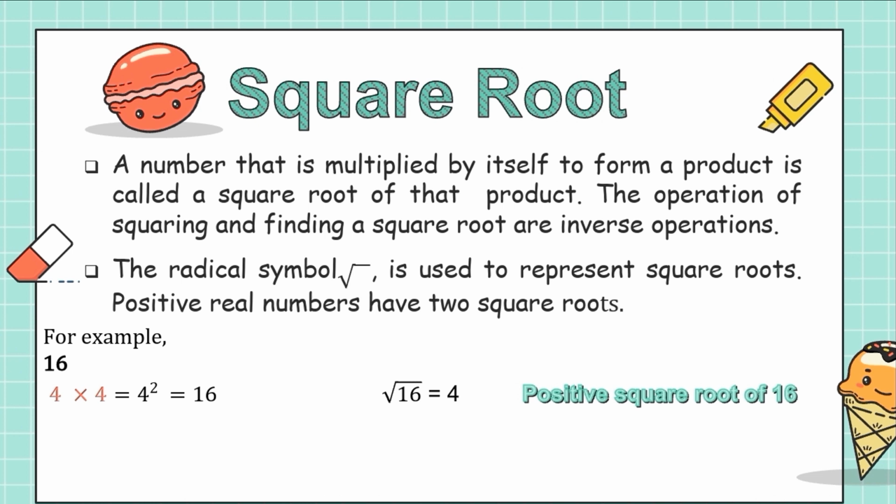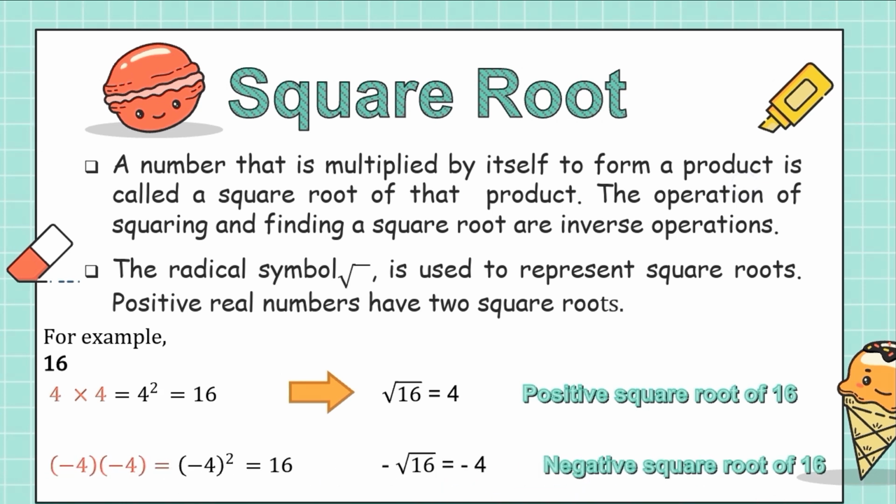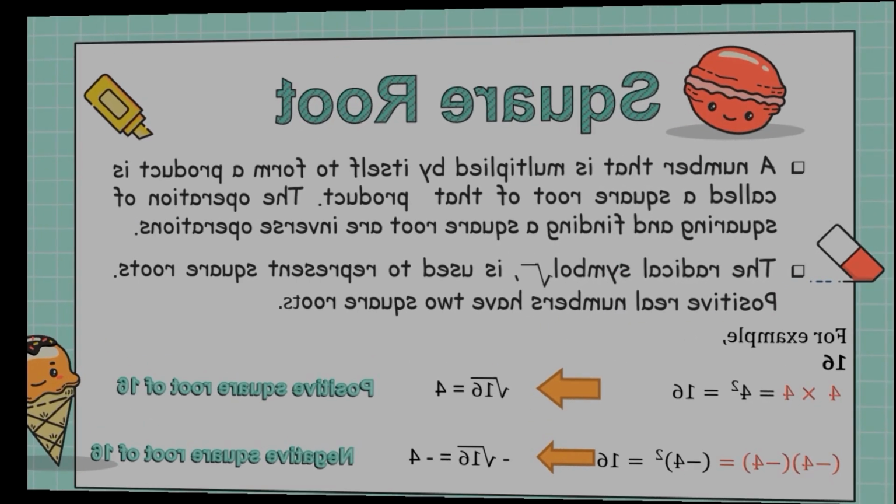Consequently, the square root of 16 is 4, representing the positive square root. Another, multiplying negative 4 by itself. Negative 4 times negative 4, or negative 4 squared, is equal to 16. Therefore, the negative square root of 16 is negative 4.